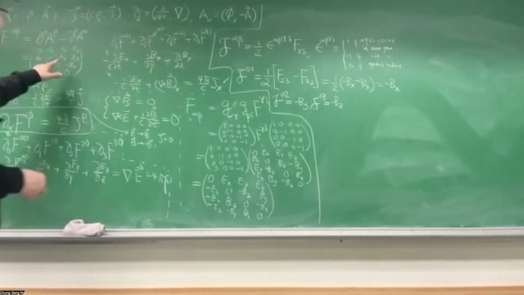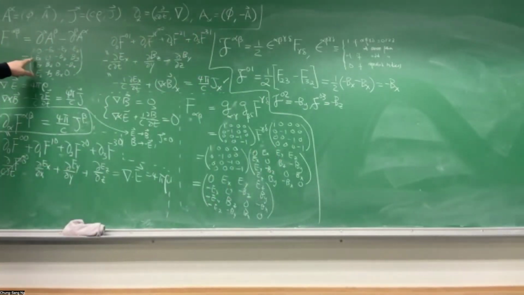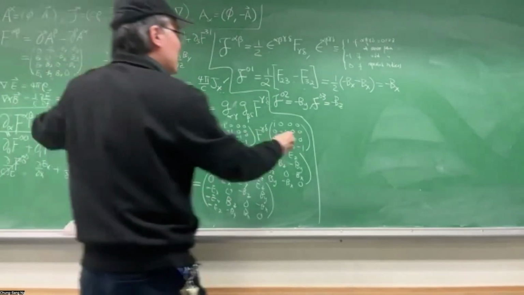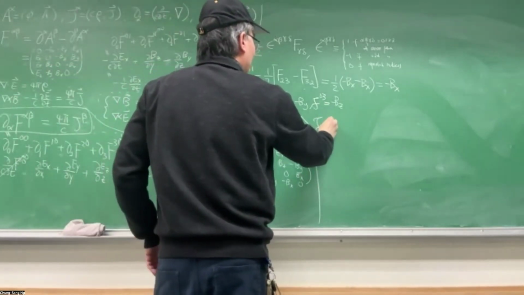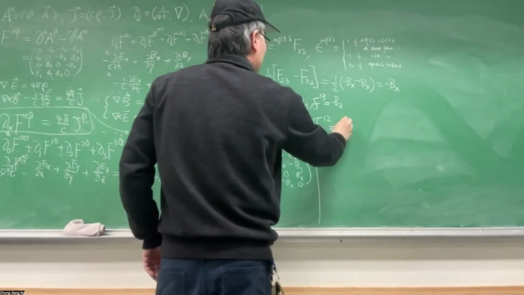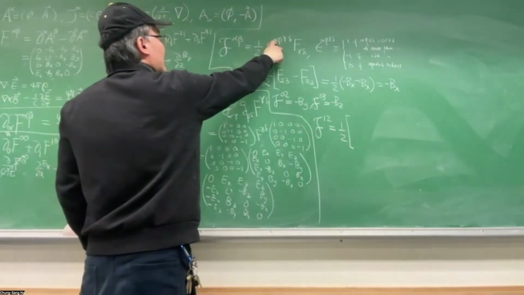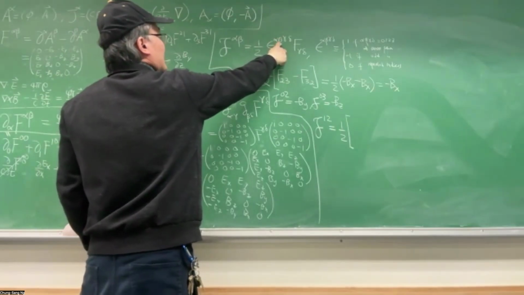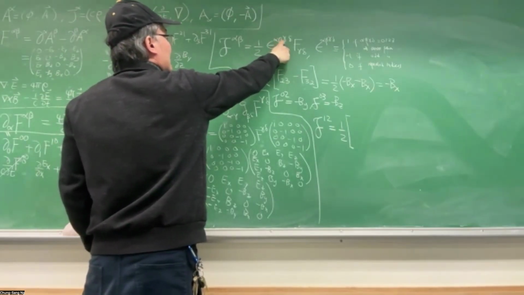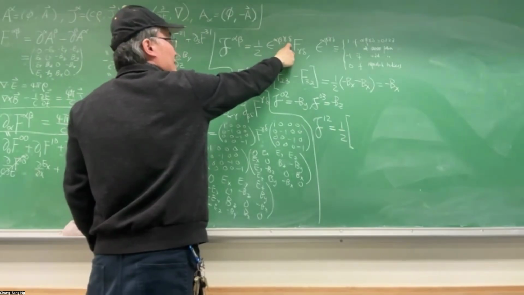Okay, now let's check one more. It's this. This is 1, 0, 1, 2. Let's check 1, 2. Script F 1, 2. Now the same consideration. If this is 1, 2, then the 3 possibility is 3, 0 or CO3, right?